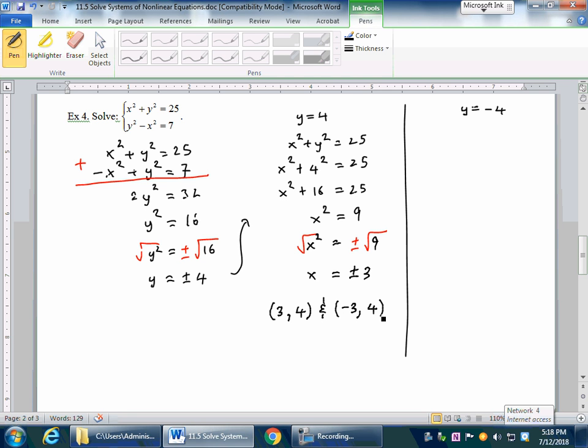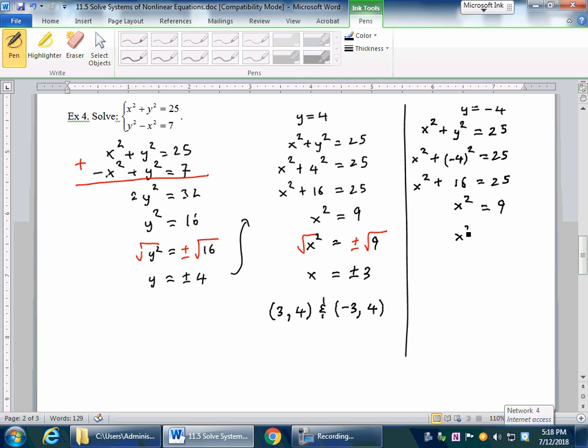Similarly, we're going to continue solving for the other case, when y equal to negative 4. Substitute into the same equation. Not necessarily the same equation, you can choose another one, but we will get the same answer. So x squared plus negative 4 to the second power equal to 25. This gives me x squared plus 16 equal to 25. Notice that it comes down to the same answer.